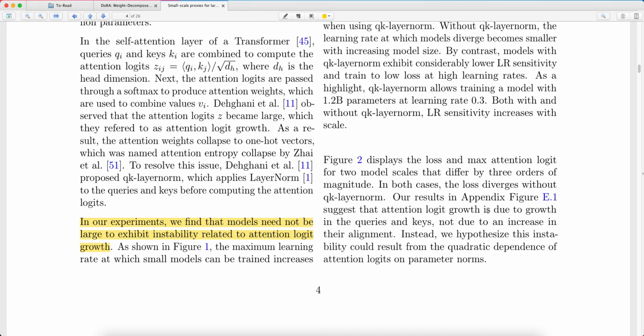Attention logit growth is due to growth in the queries and keys, not due to an increase in their alignment. Instead, we hypothesize this instability could result from the quadratic dependence of attention logits on parameter norms.